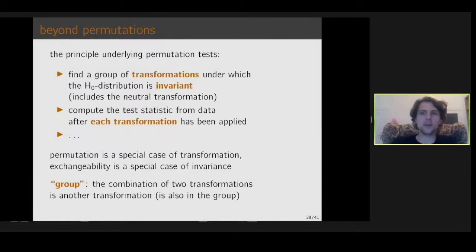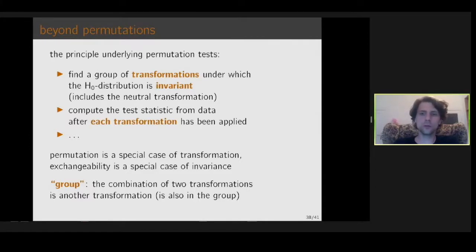So the way we have described permutation tests so far, using our formal procedure and our definition of exchangeability, it can be seen that there are two core principles underlying this permutation inference idea. The first one is that you have to find a group of transformations under which the null distribution is invariant.